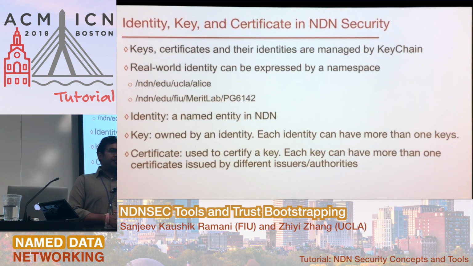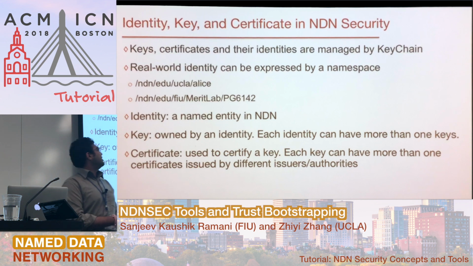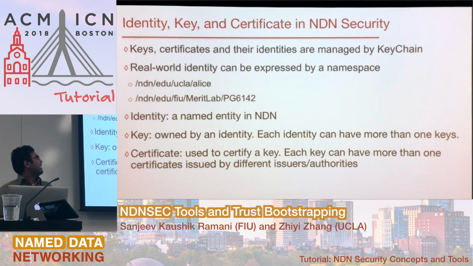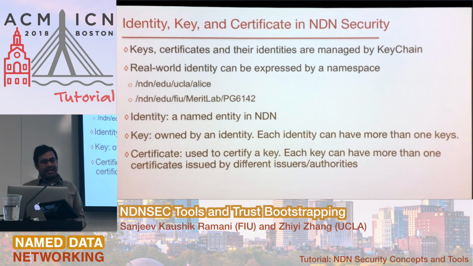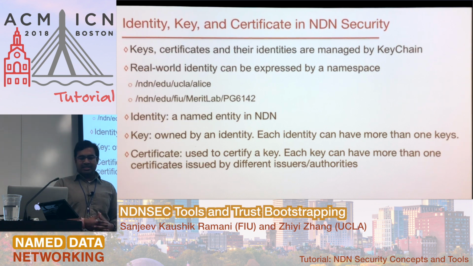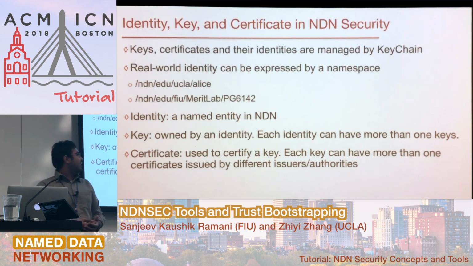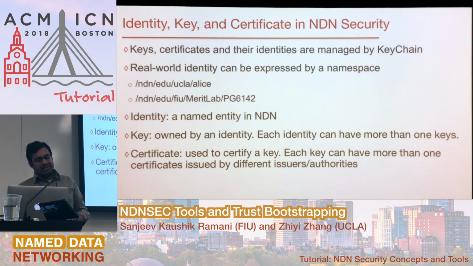Okay, before we go ahead, just small pointers about identity, key, and certificate, what each of them mean. So identity is a named entity in NDN. You have keys owned by the identity, and each identity can have more than one key. And certificate, about which you'll have more details later after this presentation, is used to certify a key.